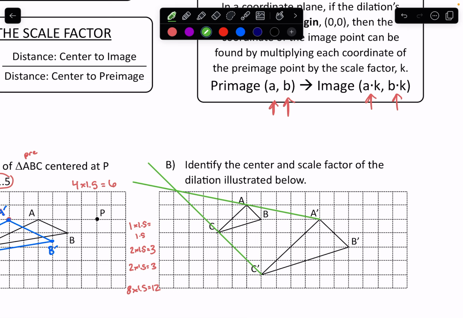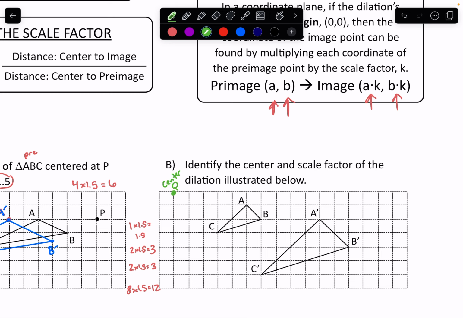And then I'm going to get B prime, and I'm going to draw a line going through B. And what I'm looking for is where those three intersect each other. That tells me where my origin is. So I can erase those lines, and now, whoops, I just erased it. My center is right here. So that's my center P.